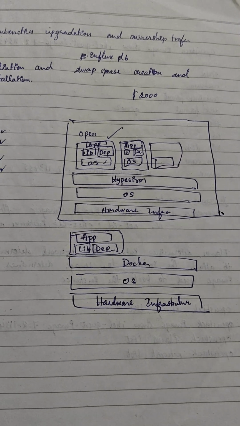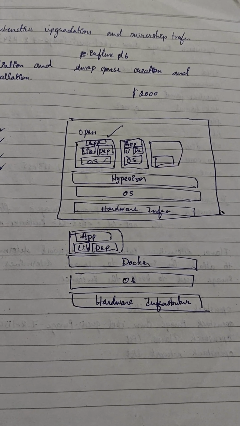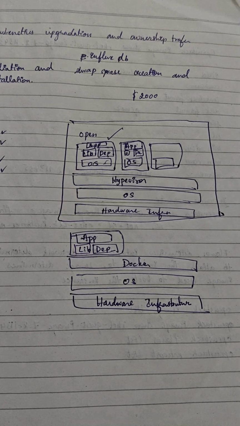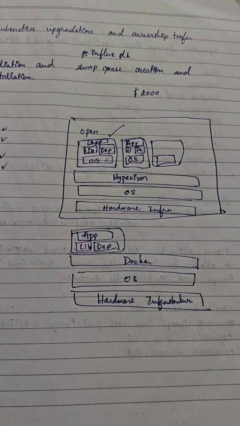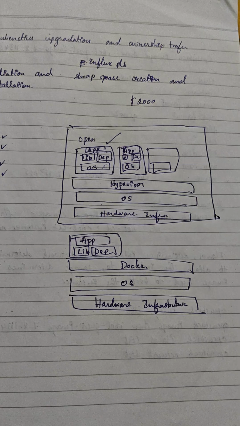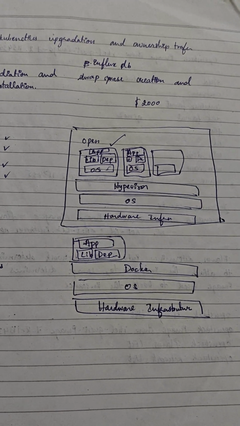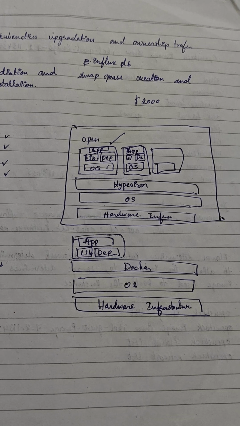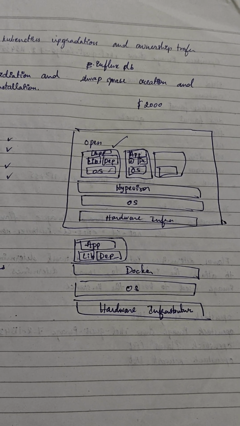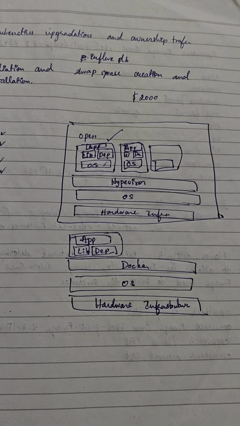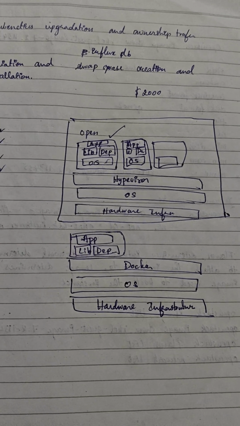A container setup has hardware, and there will be one underlying OS kernel, and above it there will be something called Docker, which helps containers to run.